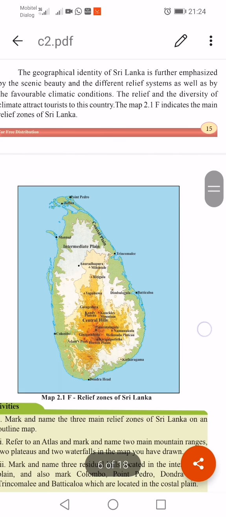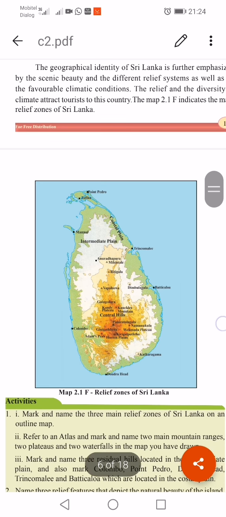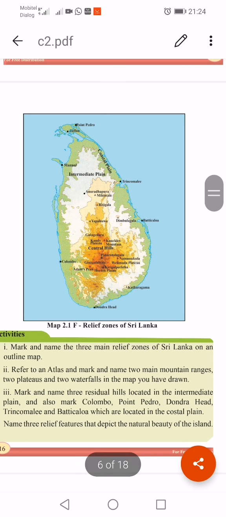Then the map 2.1 indicates the main relief zones of Sri Lanka. In this map you can see the relief zones, that means different climatic conditions, right? One of the other special features of Sri Lanka is that by crossing a very short distance, comparatively to other countries, we can experience the change in the climate.